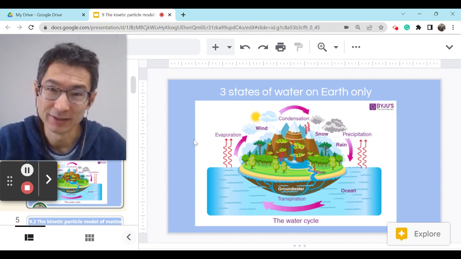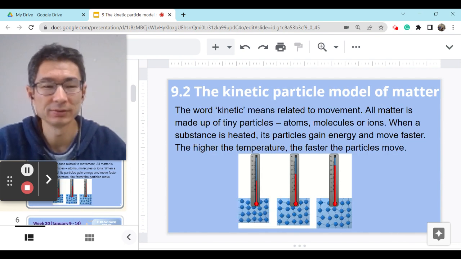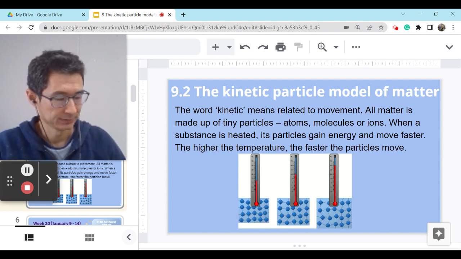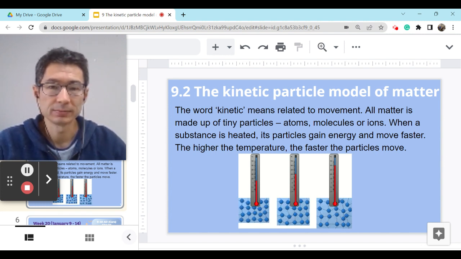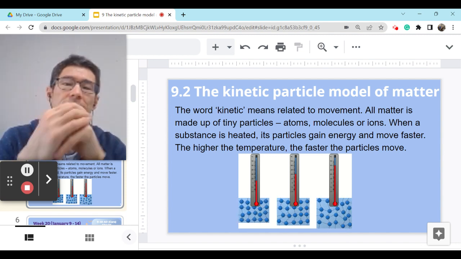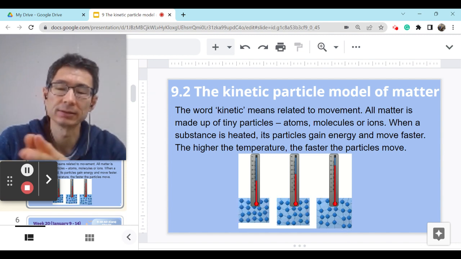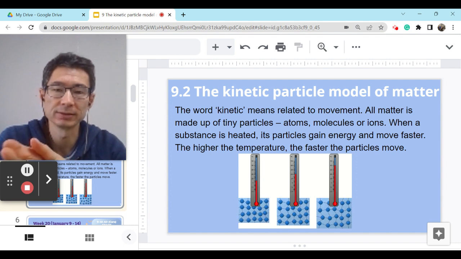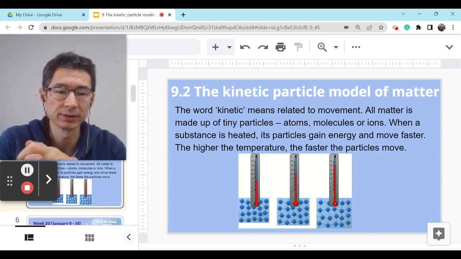Okay, now to the main topic, the kinetic particle model. What's the kinetic particle model? Kinetic, as you remember from previous lessons, is related to motion. Kinetic means related to movement.